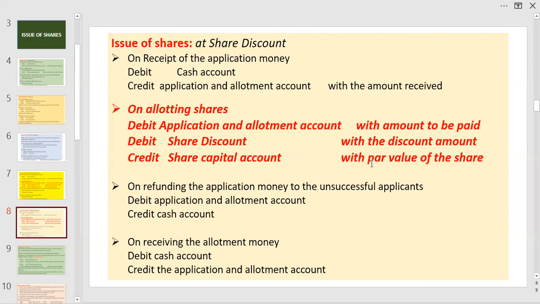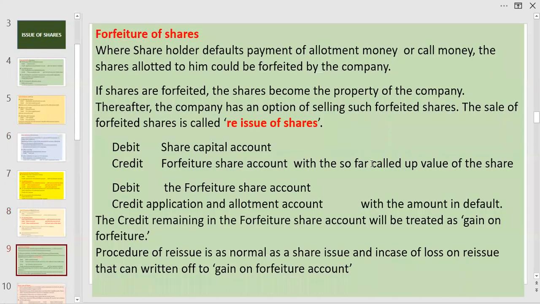Next, forfeiture of shares. When a shareholder defaults payment of allotment money or call money, the shares allotted to him could be forfeited. That is to say, the share issued will be cancelled without any refund to the applicant. The shares will be reverted to the company as their property. If they so wish, they can reissue them. When forfeited, the entry would be debit share capital account, credit forfeiture share account, the called up value per share.